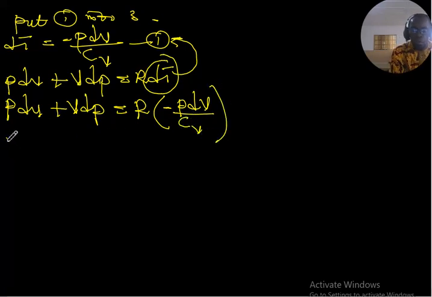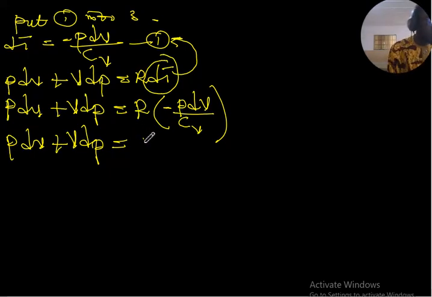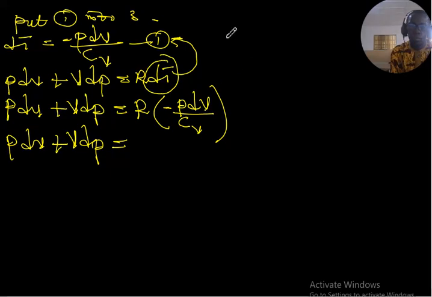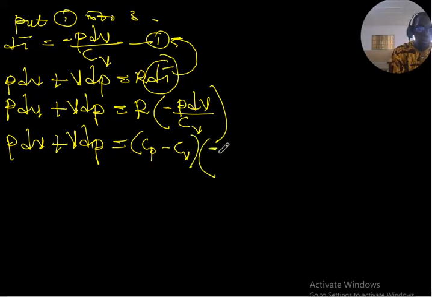So I can continue with this. This will be P dV plus V dP equals, R is Cp minus Cv, in the bracket of minus P dV over Cv, close the bracket.